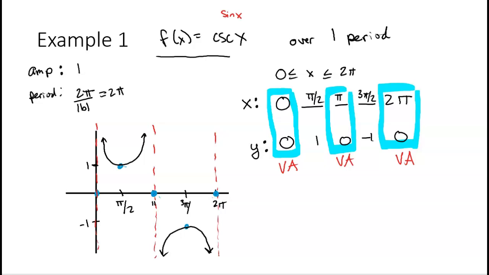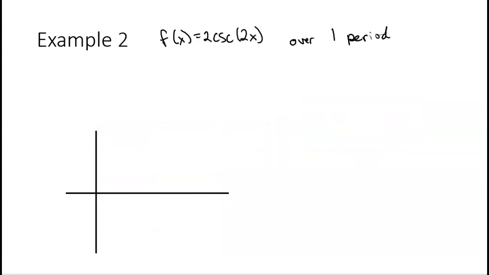Okay, so let's see what happens if we start adding some amplitudes in, maybe some b values in. So let's try a second one. So again, still over 1 period. Again, we know it's going to be just like the sine, so it'd be looking like whatever the sine of 2x is.